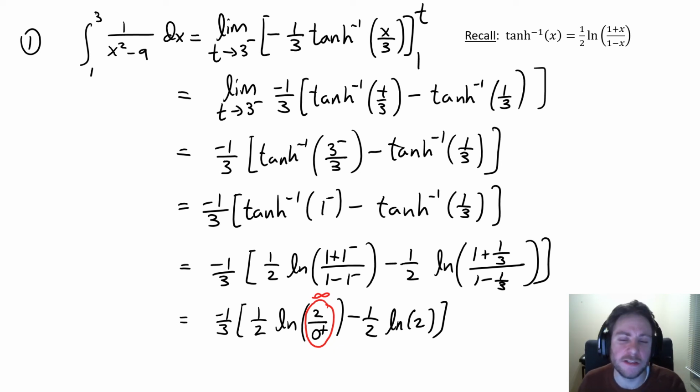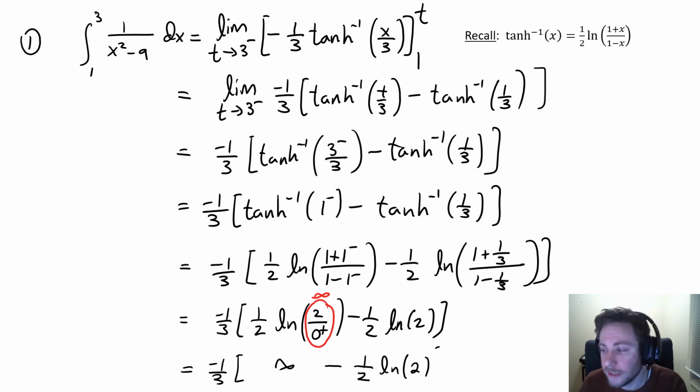So this fraction is approaching positive infinity. And when we take the log of an increasingly large value, the result is still increasingly large. So as a whole, this first term is approaching infinity, and you can check the familiar graph of ln x to convince yourself of that if you need to.